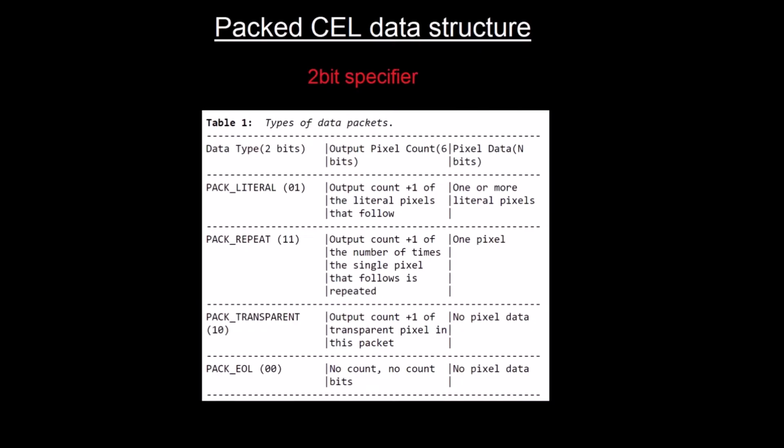So here is again from the docs the 2-bit specifier. You see the 2 bits, there are 4 combinations of those bits, and then the 6 bits: how many pixels, it's the count of the pixels plus 1. Okay, and then the pixel data follows.